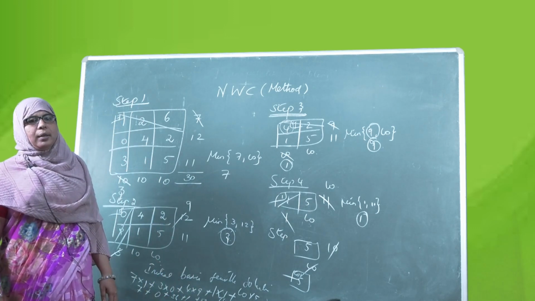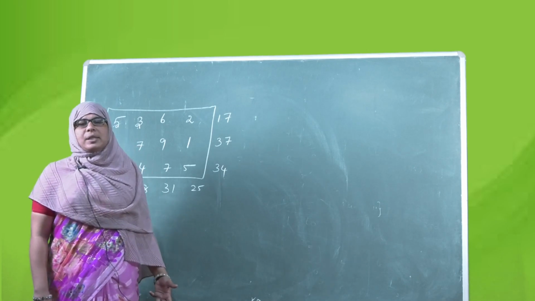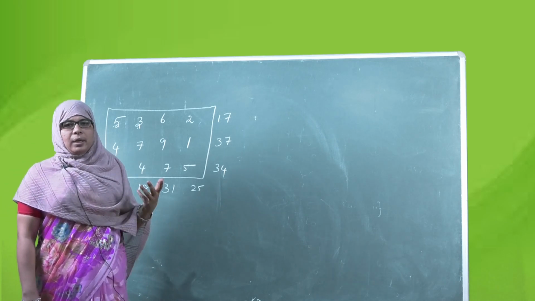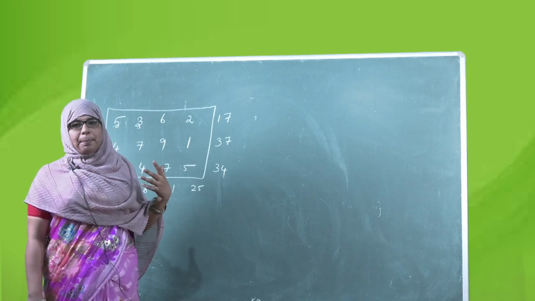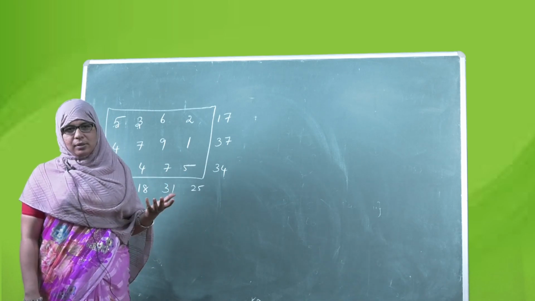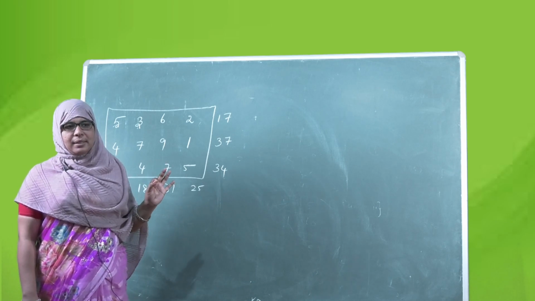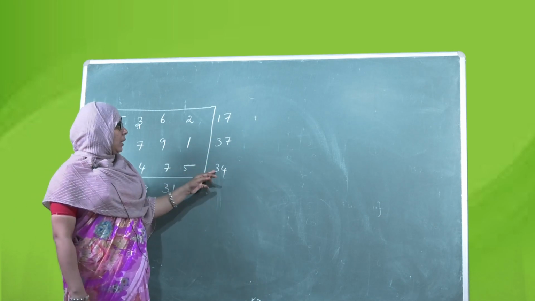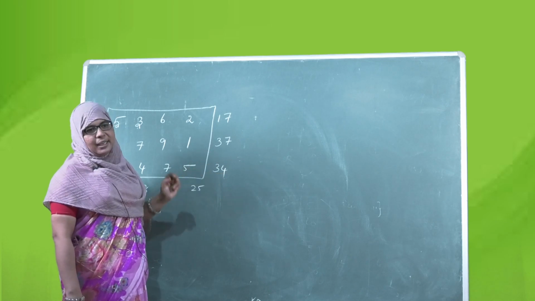Okay. Let us see another example. First of all, what are the rules I have told in the previous problem? In a given problem, you have to check whether the problem is balanced or unbalanced. So the first condition is whether the problem is balanced or unbalanced. So you have to add the column elements: 60, 70, 84, 88.